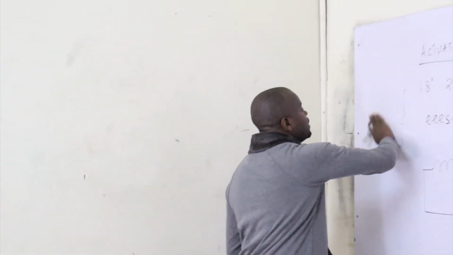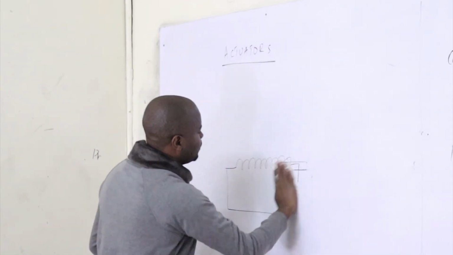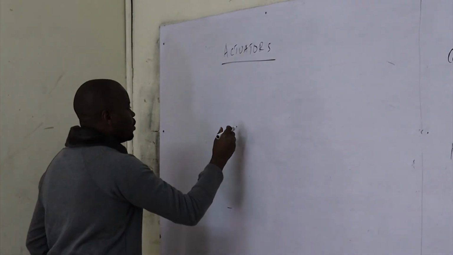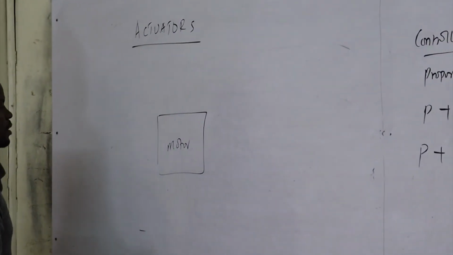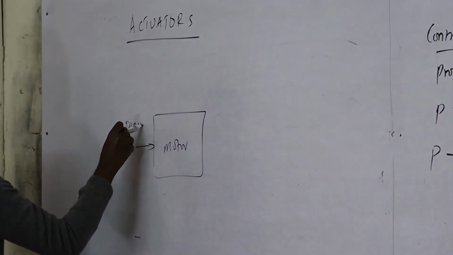When you talk of the stepper motor, here is an illustration of how it works. You have the motor here, then you have the digital pulses.